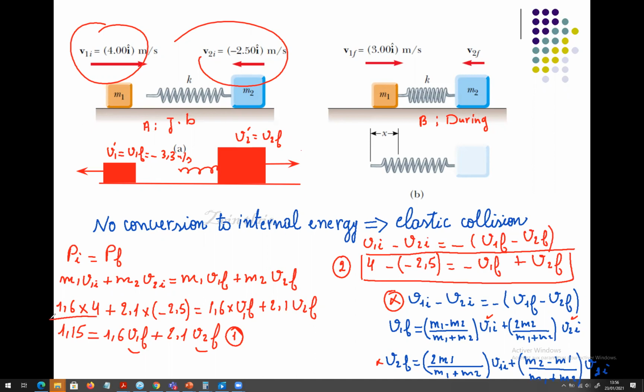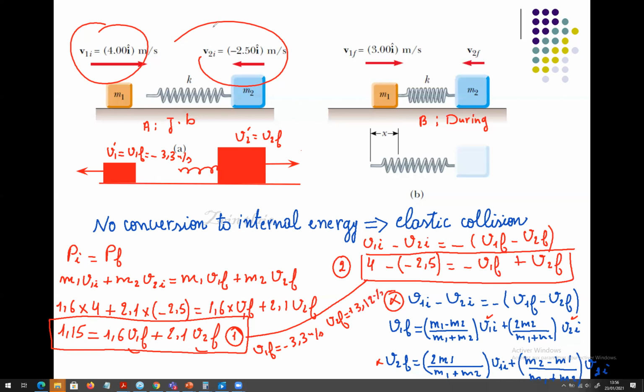You can use your calculator to calculate V1 final and V2 final. You use this one and this one. You can find V1 final equals minus 3.3 m/s, and V2 final equals, I think, plus 3.12.